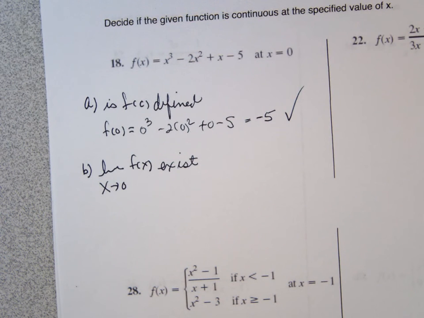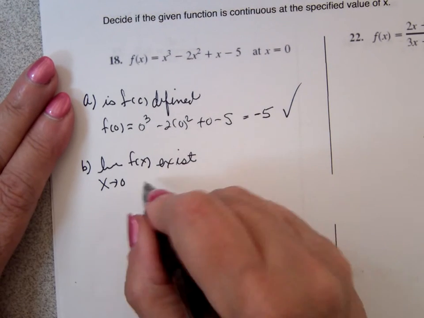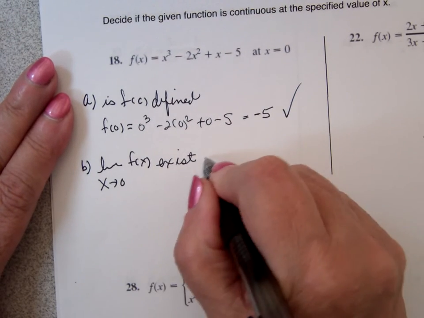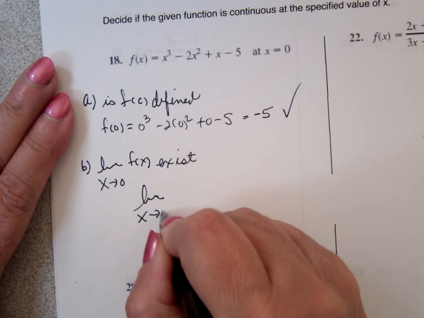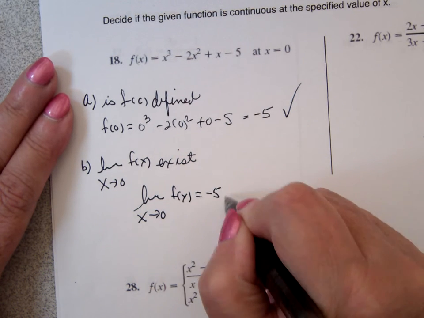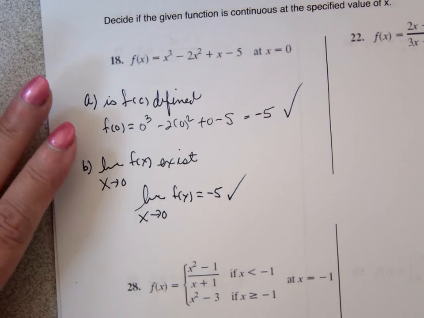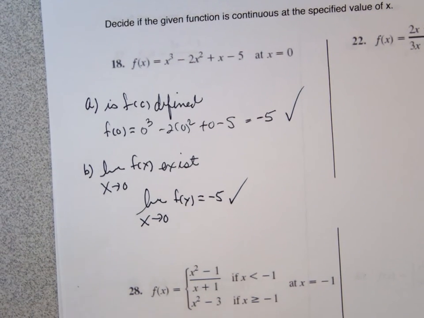Plug it in. Number in, number out. It exists, right? So we know that the limit as x approaches 0 of f of x equals negative 5. Check. That's what I mean. This is kind of, in a sense, stupid, right?